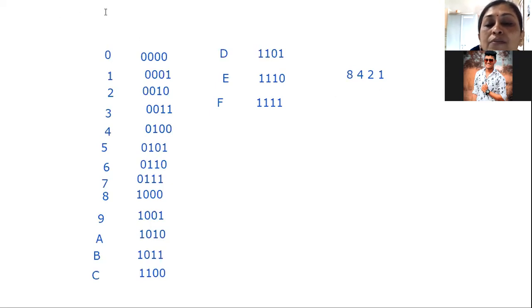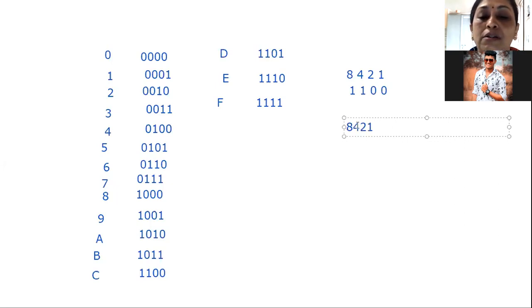So in place of 8, you have to write 1, and in place of 4, you have to write 1. Remaining digits will be 0. Are you getting the 8421 point?